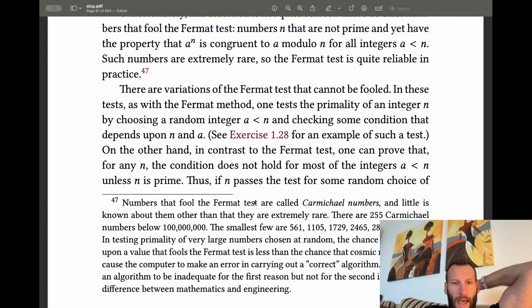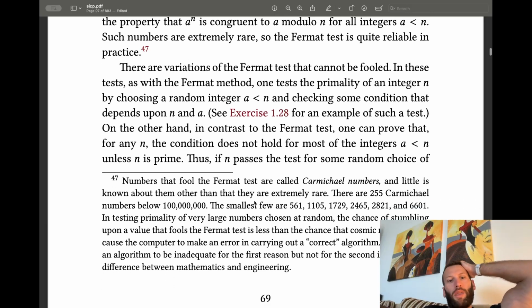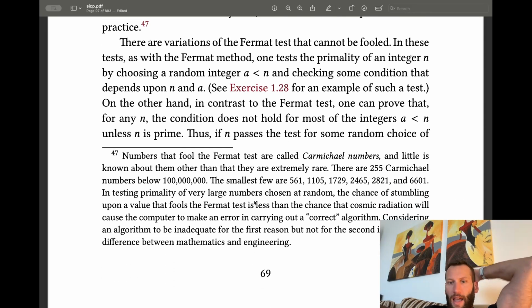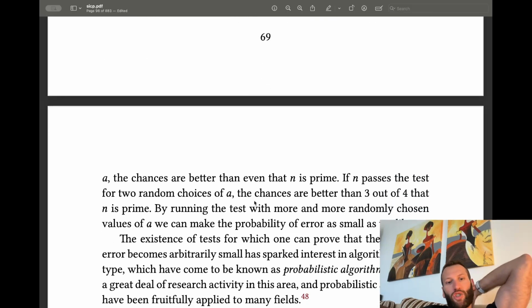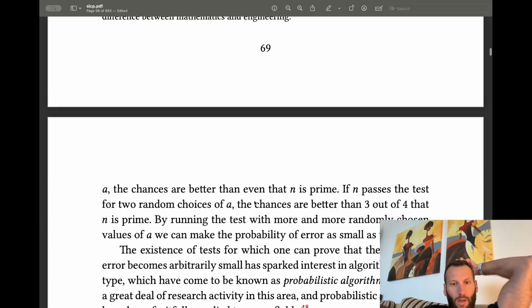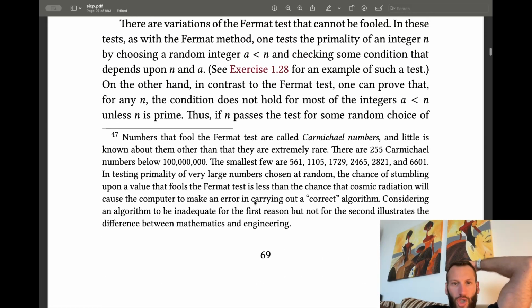On the other hand, in contrast to the Fermat test, one can prove that for any n, the condition does not hold for most of the integers a less than n unless n is prime. Thus, if n passes the test for some random choice of a, the chances are better than even that n is prime. Let me reread this passage.